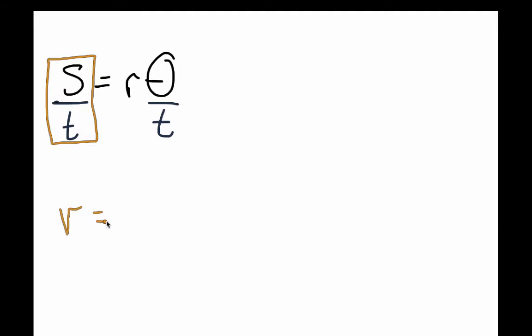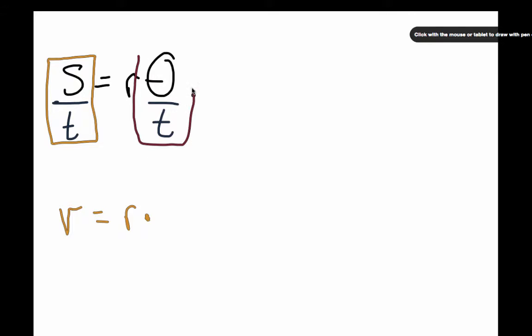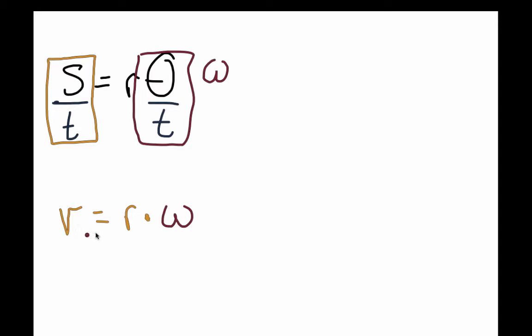And we could say that equals the radius times, and circle this, call it omega for angular speed. And what it says is the velocity equals the radius times angular speed. The linear speed equals the radius times the angular speed.